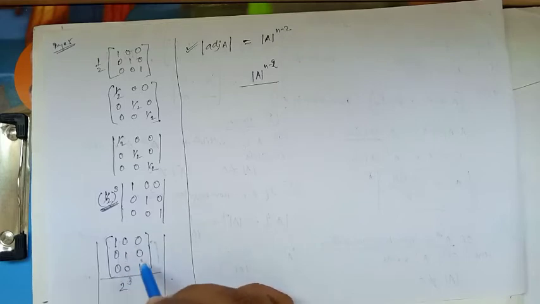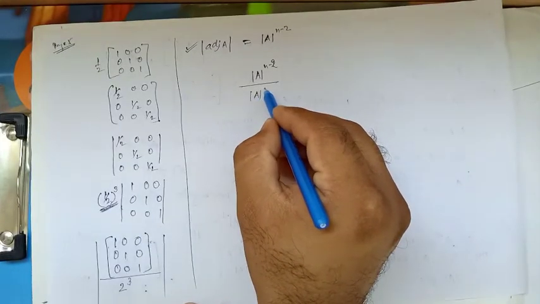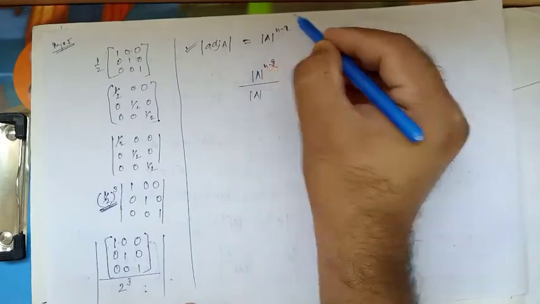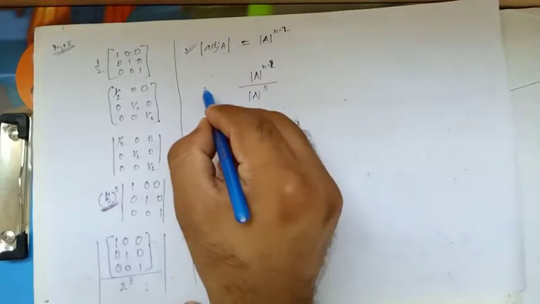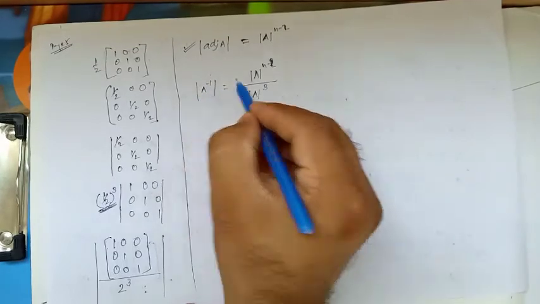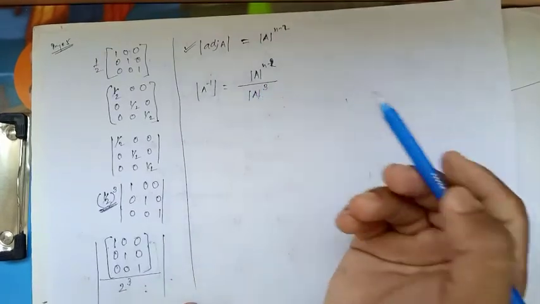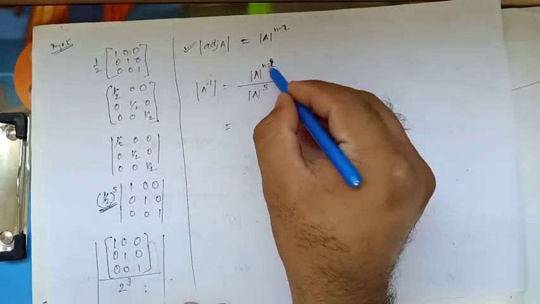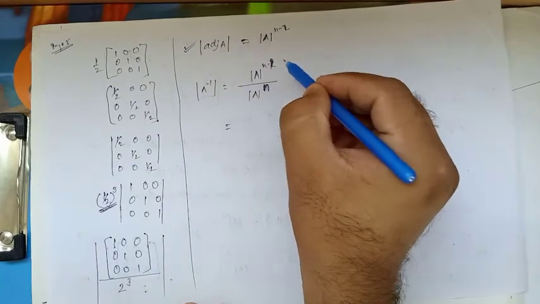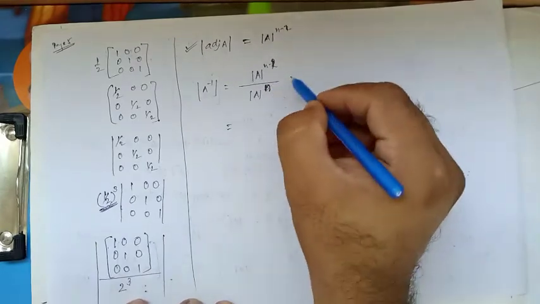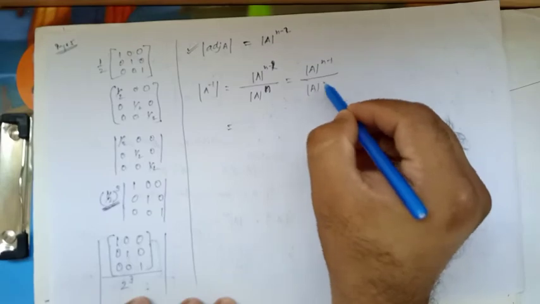So if this is of nth order, then we get n minus 1, and this is n.